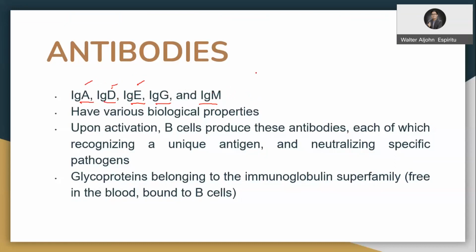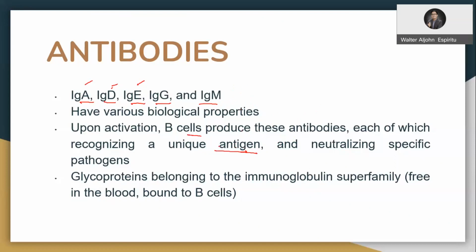IgD is a type of antibody that is also released through secretions. Upon activation, the B cells will produce these antibodies considering the specific pathogen that the body is combating. These antibodies will neutralize a specific antigen. An antigen is a substance coming from the pathogen, so the antibody will neutralize the antigen.